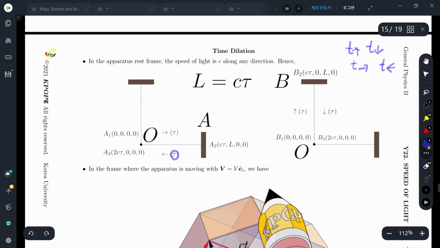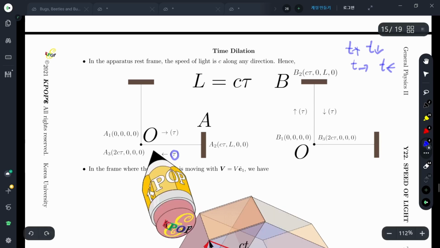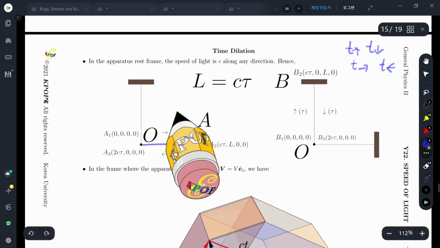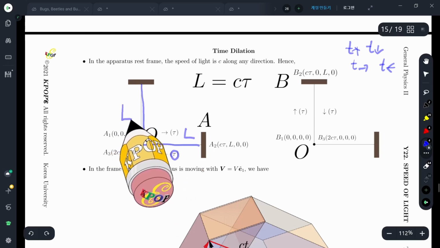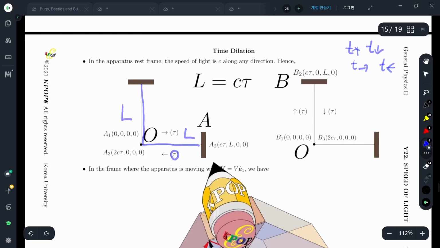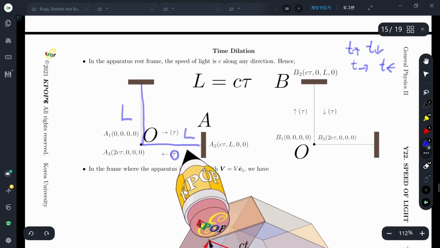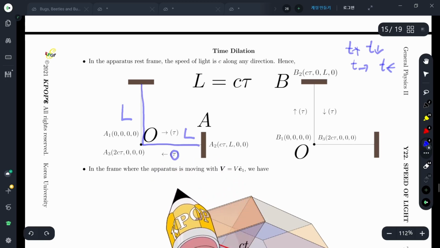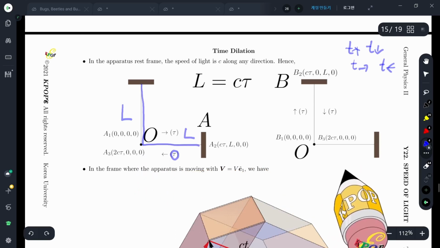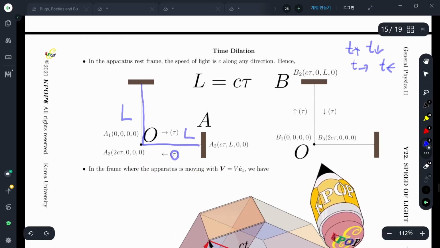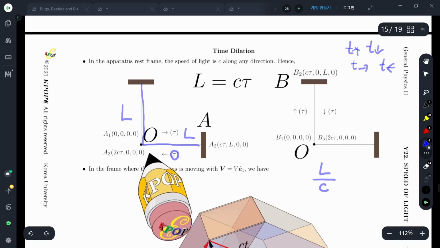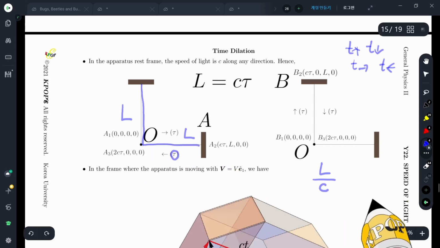In the rest frame of the Earth, where the apparatus is installed, the light still travels with the speed of light. The horizontal distance is L, and the transverse distance is also L. Light travels with the speed of light over equal distances, so it returns to the same position. It takes L over c to go forward to arrive at the mirror.